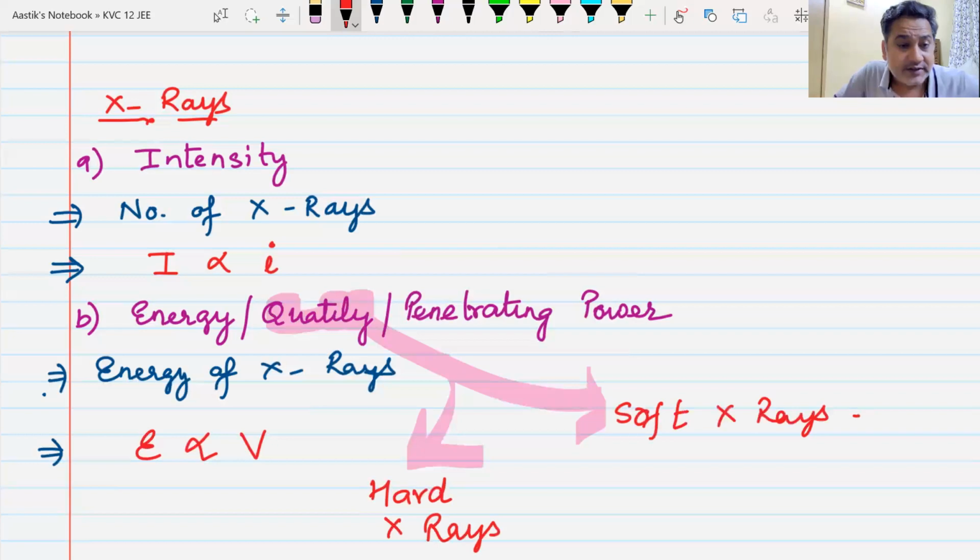So based on the quality or penetrating power of these X-rays, X-rays can be subdivided into two categories: hard X-rays and soft X-rays. And as the name suggests, we could understand what is a hard X-ray and what is a soft X-ray. Tell me, what is a hard X-ray, what is a soft X-ray?